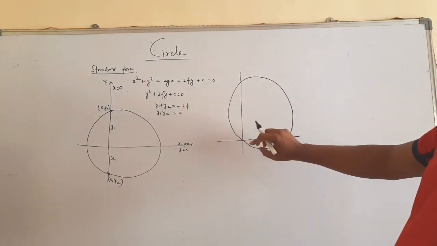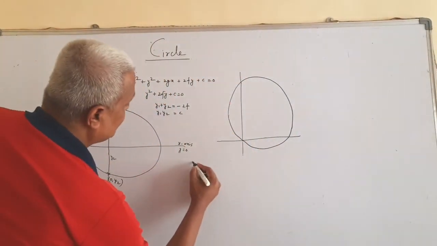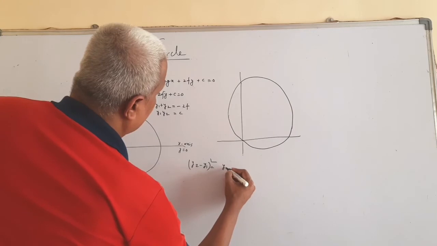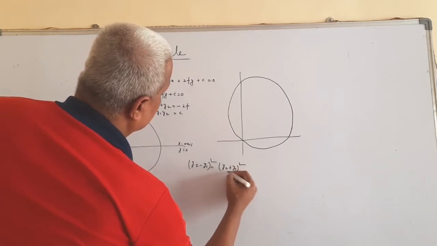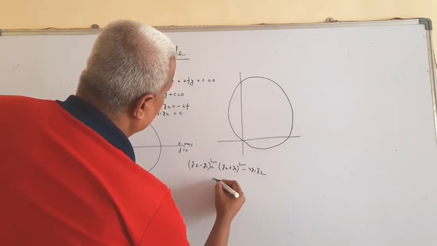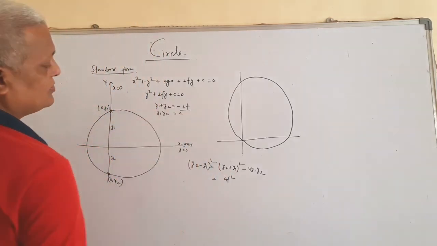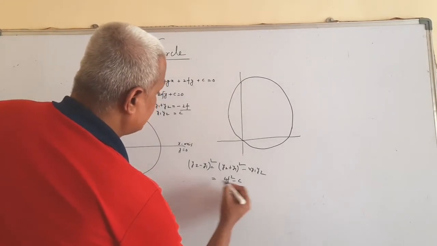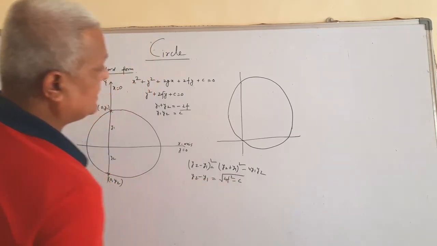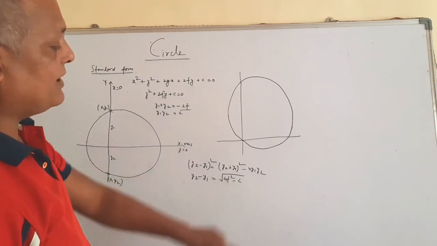This line segment can be found using y2 minus y1, and y2 minus y1 whole square will be (y2 plus y1) whole square minus 4 y1 y2. So this will become 4f square minus 4c, because y1 plus y2 is minus 2f and y1 y2 is c. So you can find this line segment: y2 minus y1 equals 2 root of f square minus c.